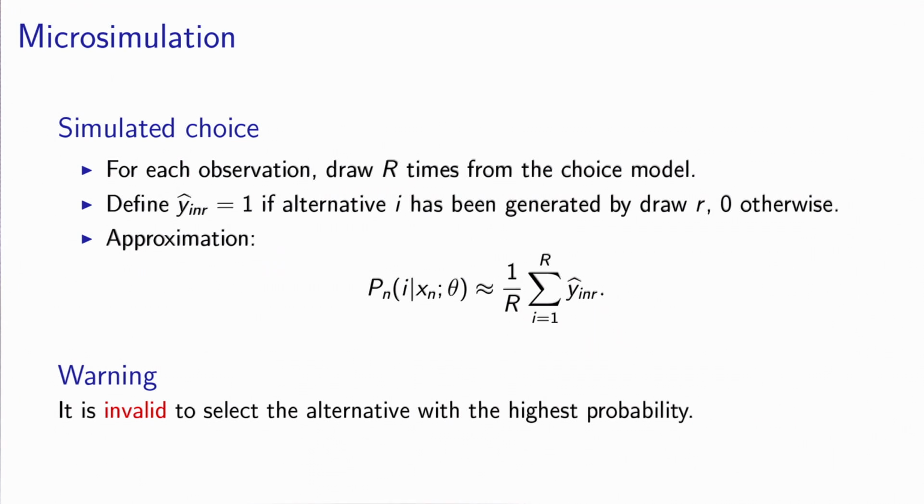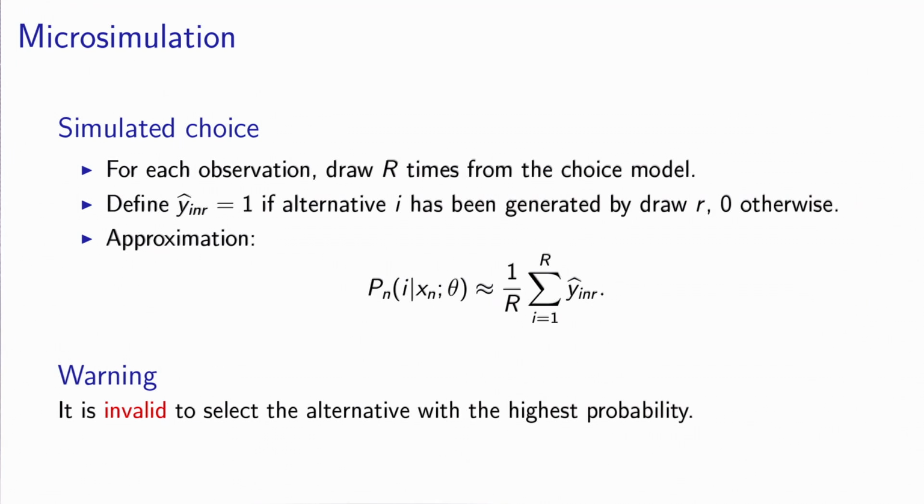So this is called microsimulation. And I want to emphasize that whenever you need a realization of the choice, this is how you should do it. I've seen several people doing something different. They would associate with a choice model the alternative with the highest probability.